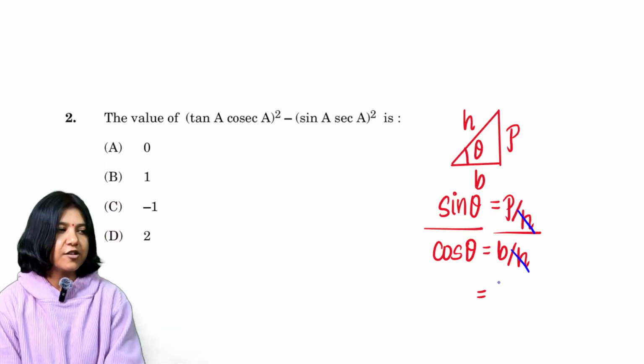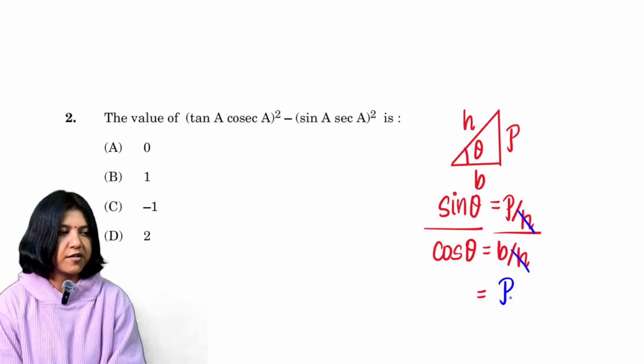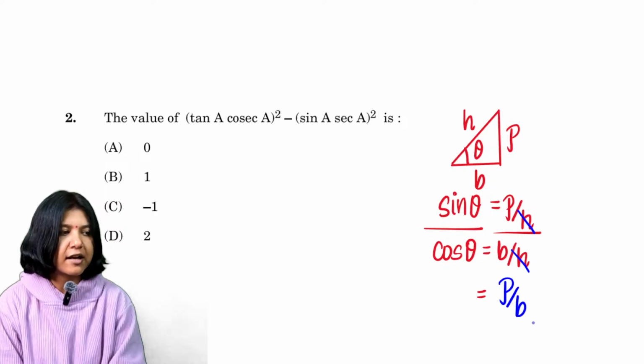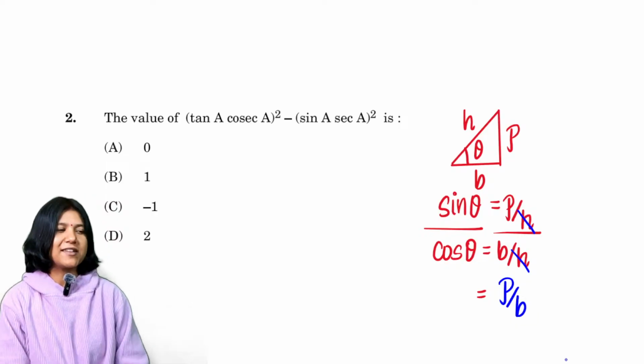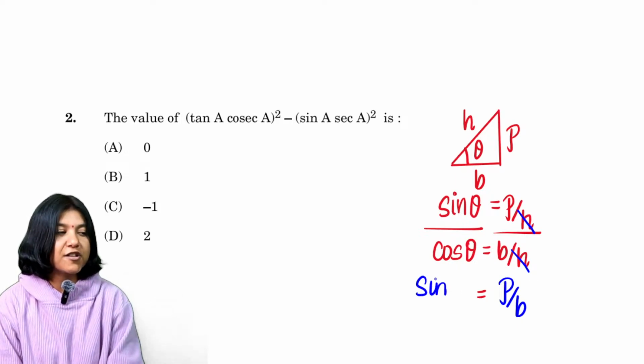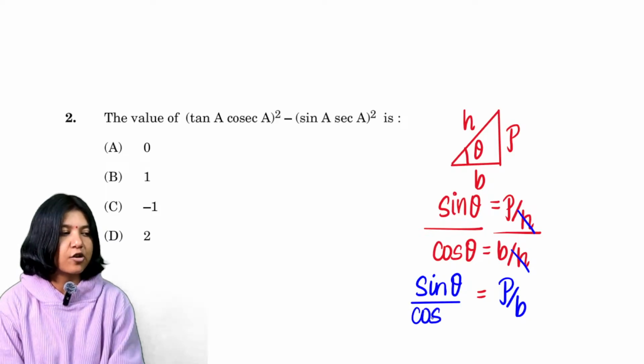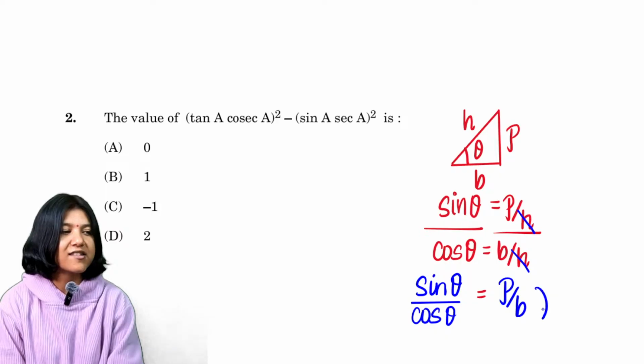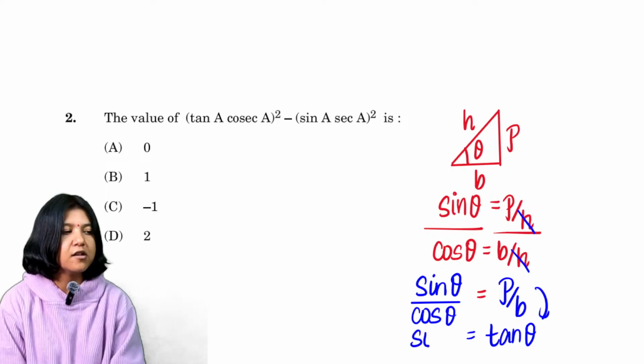Correct? You got P upon B, the numerator continues to be the numerator while the denominator is B. And I got sine by cos. Now, the ratio of perpendicular to base, what is that called? Tan. So from here comes the concept that tan theta is always equal to sine theta upon cos theta.